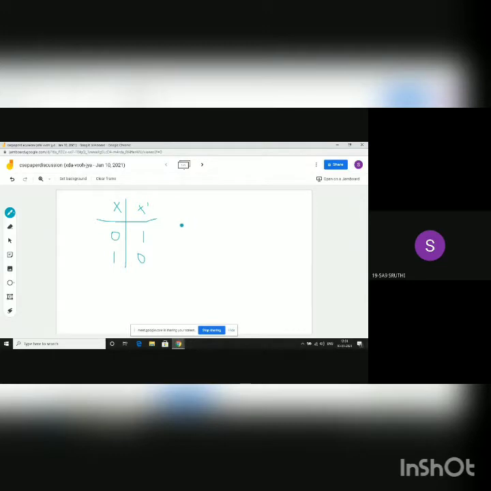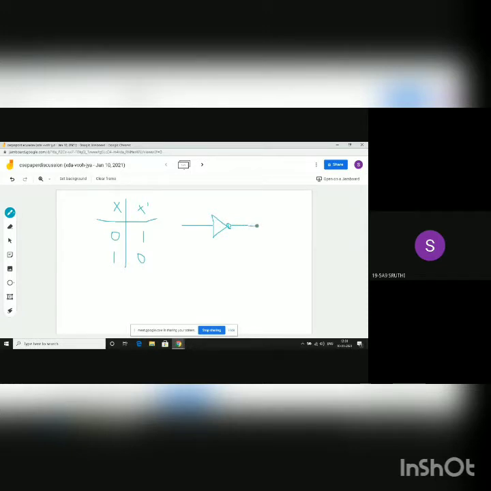In logic gates, it's called the NOT gate. Here 0 becomes 1 and 1 becomes 0, and it is represented using a triangle with a small circle on top of it.